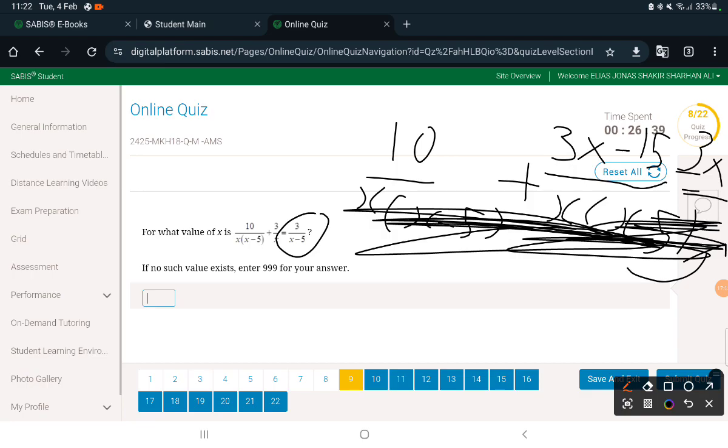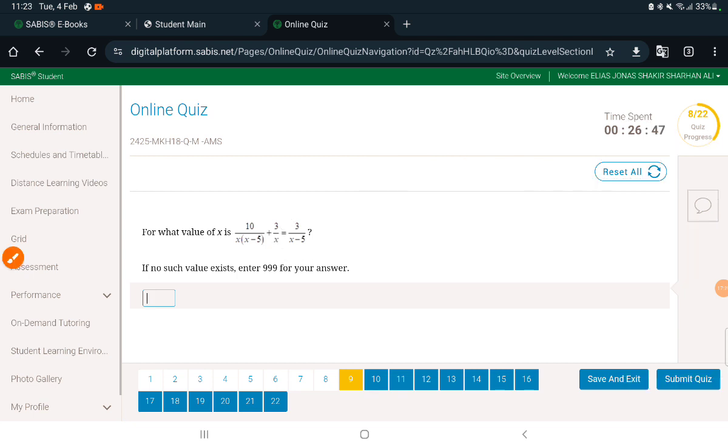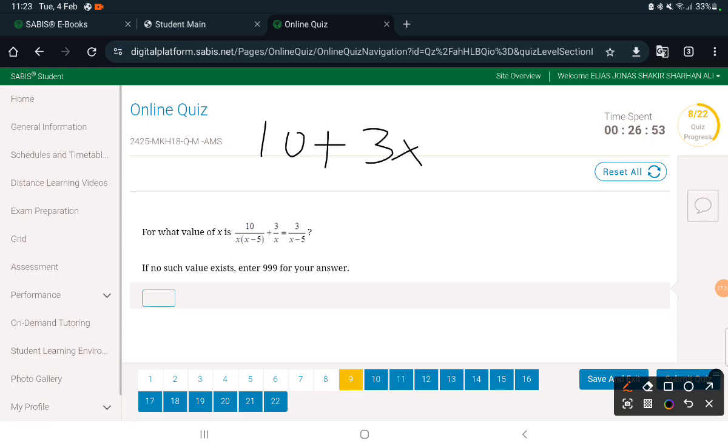So now we just focus on the numerators. We'll get 10 plus 3x minus 15 equals 3x. Do standard form to make it easier. Take this to the start, and then we have 10 minus 15.